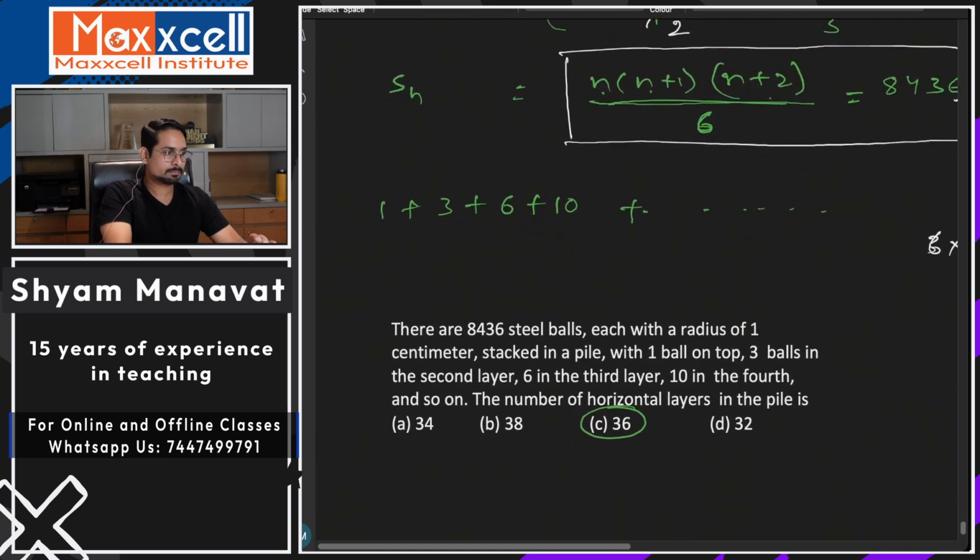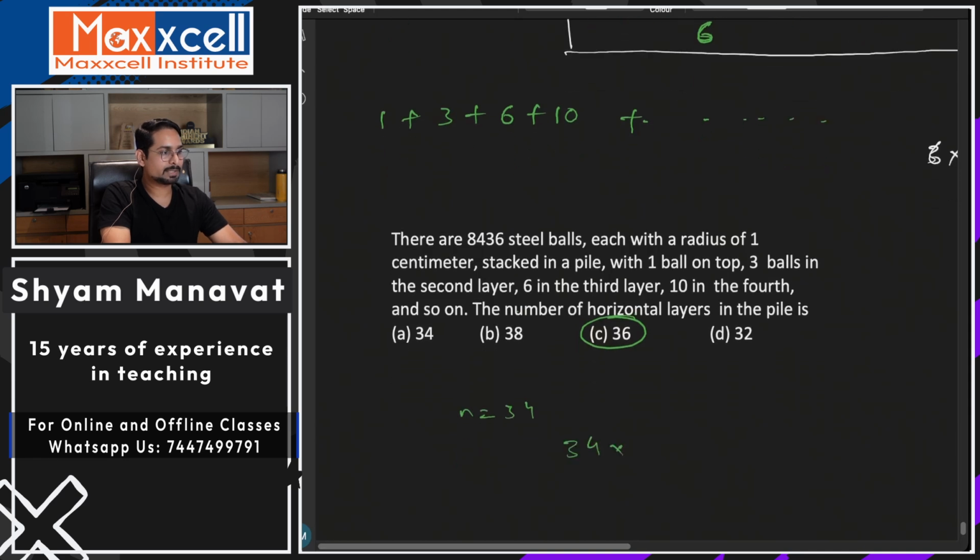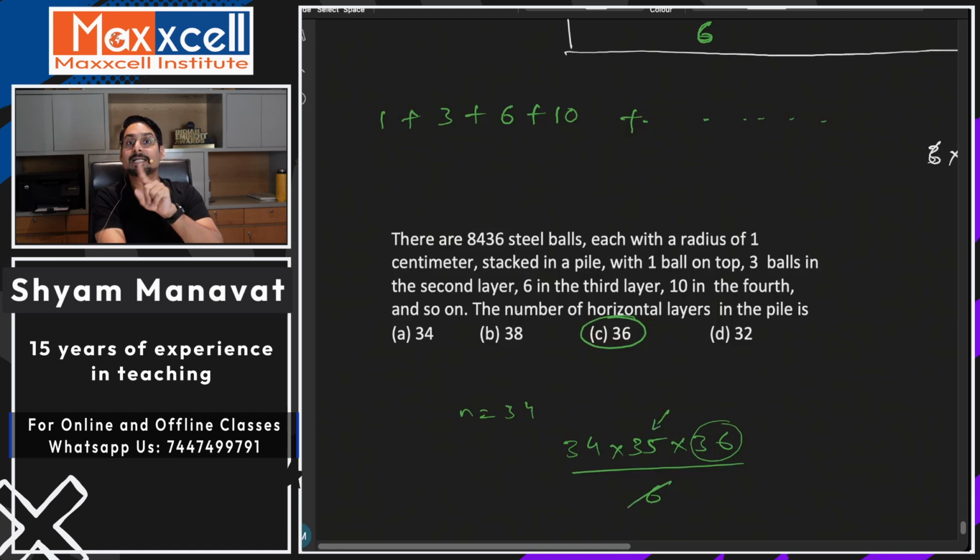Okay, look at this. If you try with 34, what do you have? If I substitute n equal to 34, what do you get here? Carefully understand, 34 into 35 into 36. So you have 36, no doubt, which you can cancel. But also keep in mind that you have 35, which is a multiple of 5.